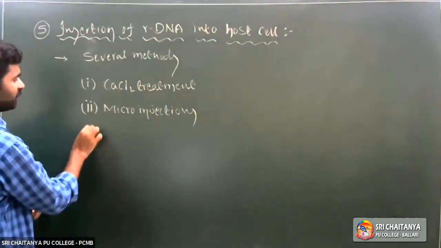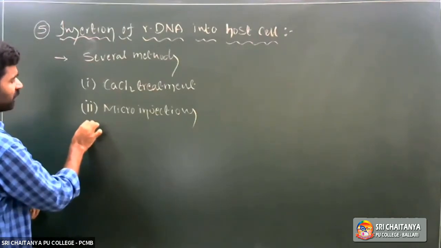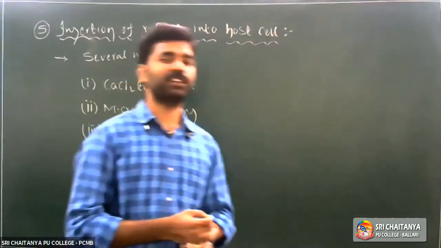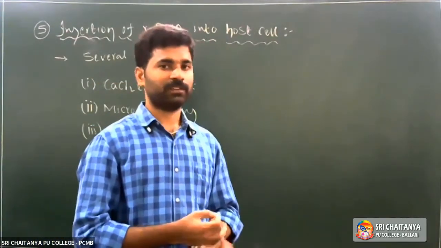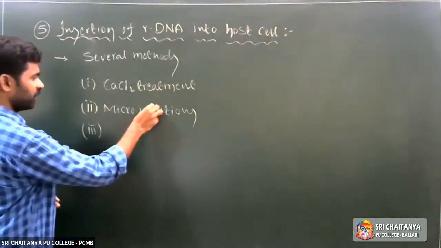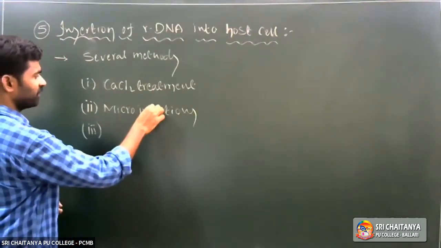Microinjections, as usual, use micropipettes or microneedles, so the rDNA molecules are directly injected into the animal cell cytoplasm or nucleus. Microinjections we already discussed, right?